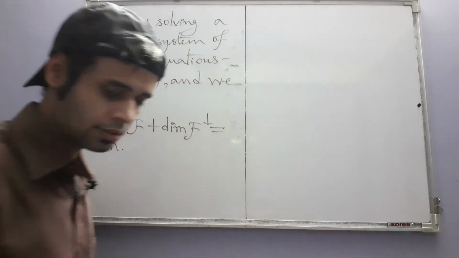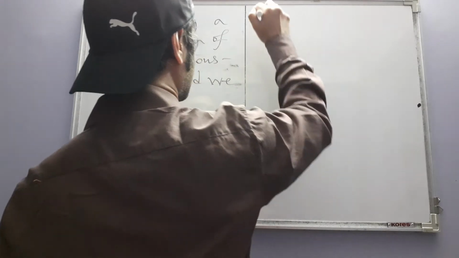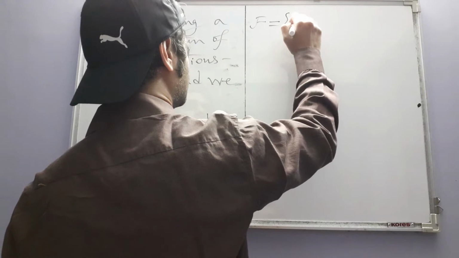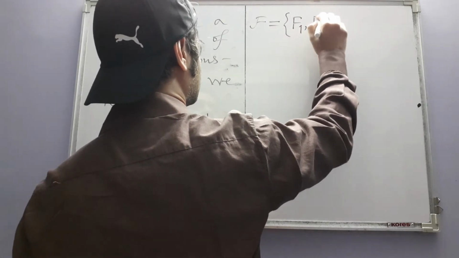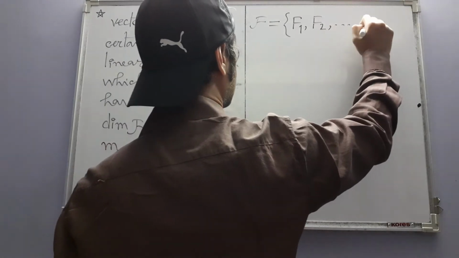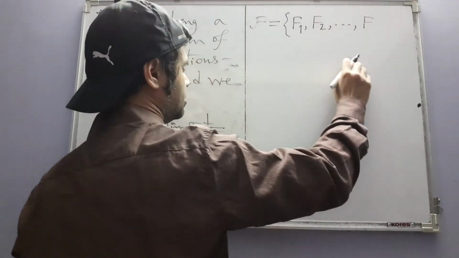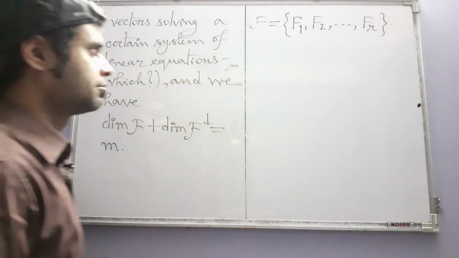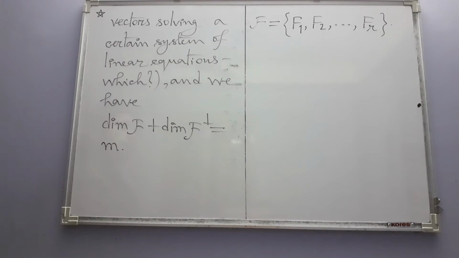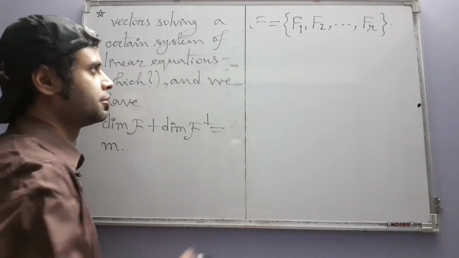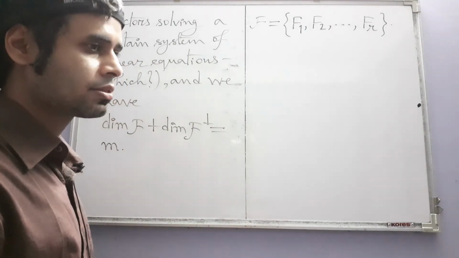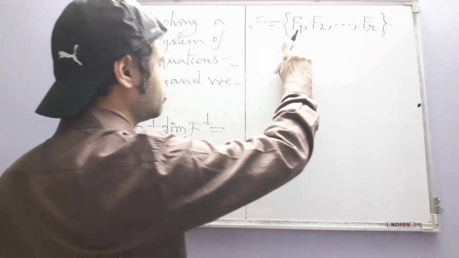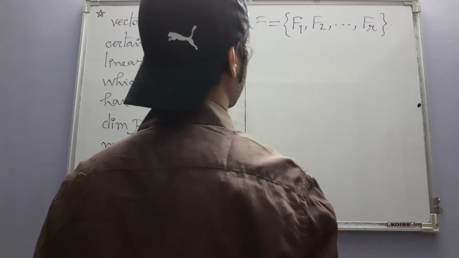The thing here is this: let our space F consist of these vectors. We don't really know how many of these F's will be there, but it is some number, say Fr. And each one of these things is what? Each one of them is actually a subset of E. Things can get pretty confusing, so don't lose track of what these things actually are.